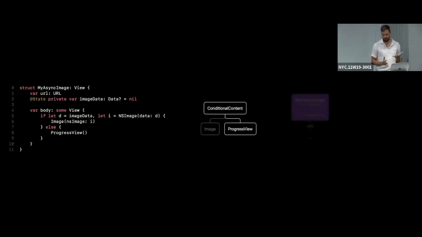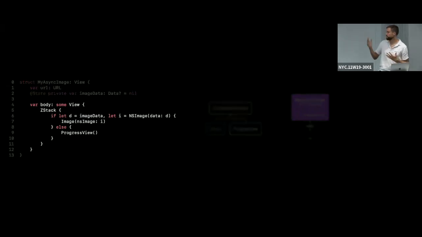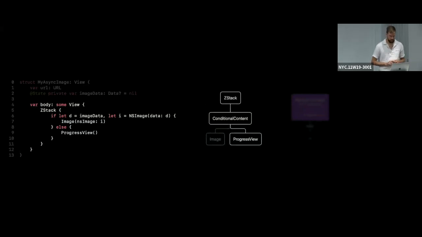That's a little bit unfortunate. So we have to wrap our view. I'll just add a ZStack. It doesn't really matter what kind of container you use, but you have to wrap it in some way. And then you can do the onAppear. In this case, the ZStack doesn't do anything except providing a wrapper. It has no other effect.